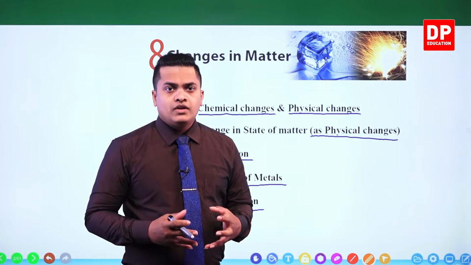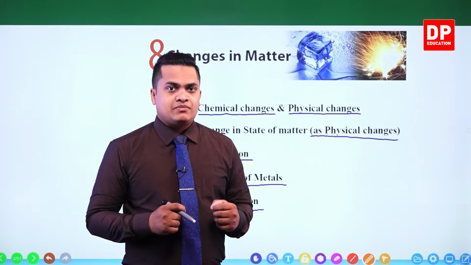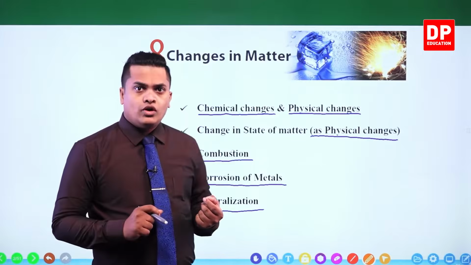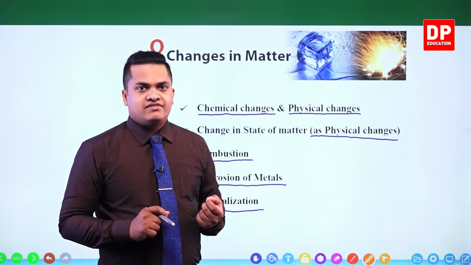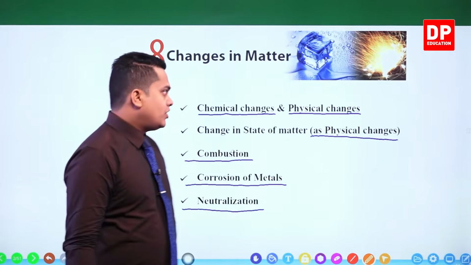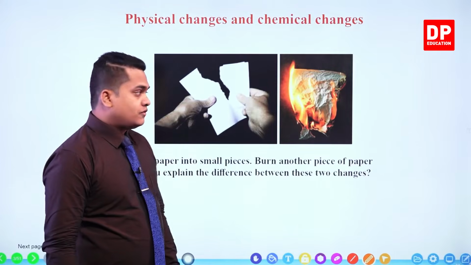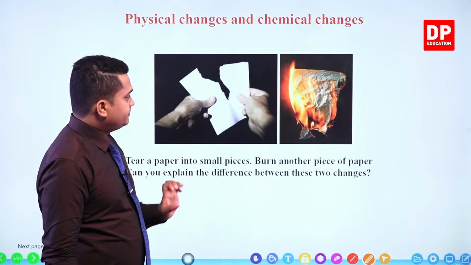So we'll move on to discuss the first chapter, about what are called chemical and physical changes. Right. First of all, we are studying physical changes and chemical changes that can happen to matter. First of all, you are given a figure.